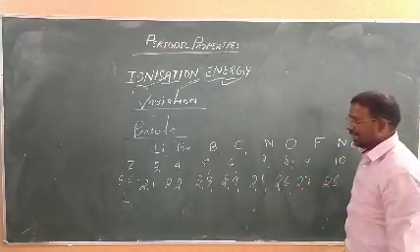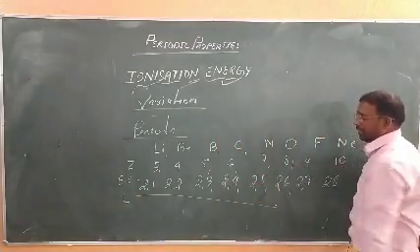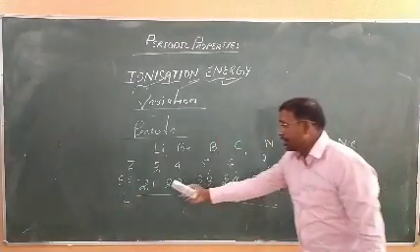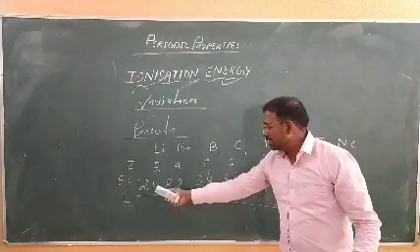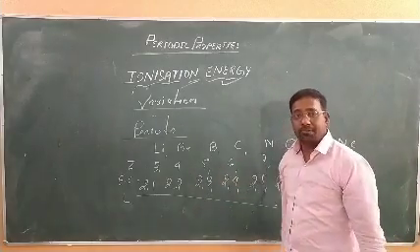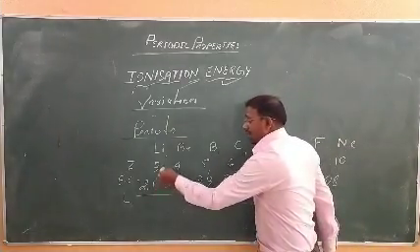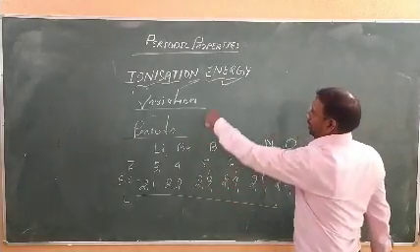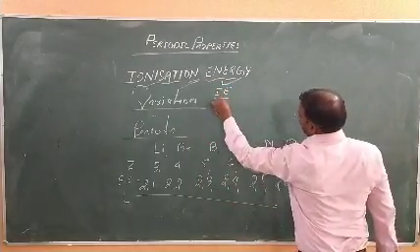You can see that when we move from left to right in a period, the number of shells is the same, K and L. All these elements have the same number of shells, but the difference is that their nuclear charge increases. Therefore ionization energy depends on two factors.